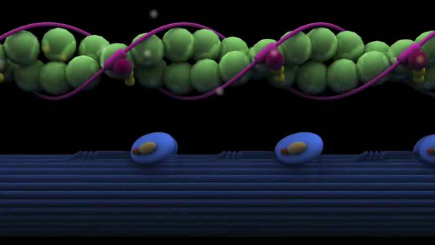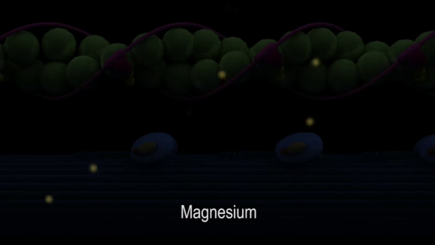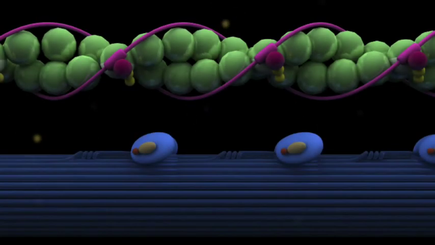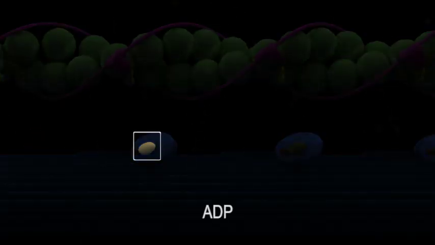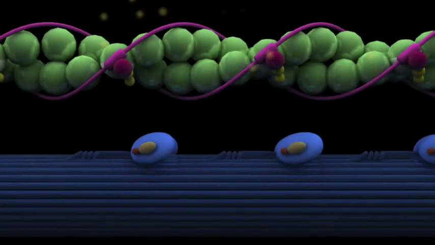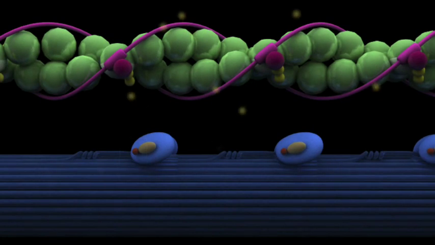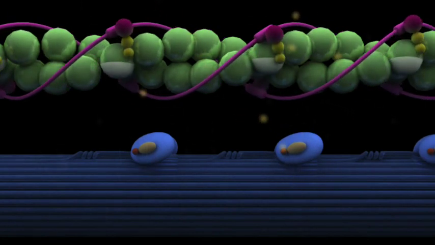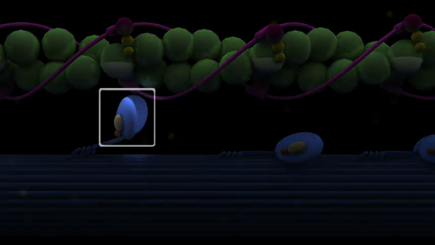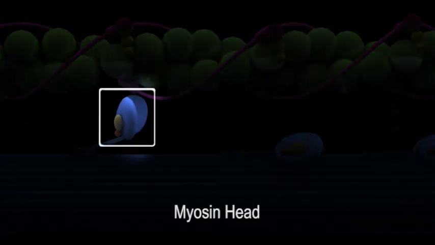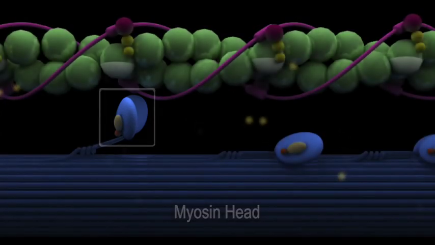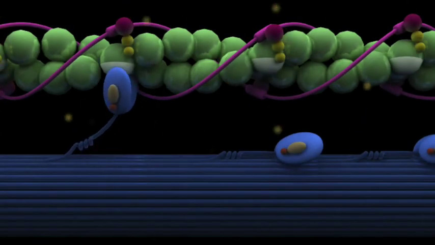In the presence of magnesium, ATPase is activated, hydrolyzing ATP on the myosin head, forming ADP and a free phosphorus. Swiveling of the myosin head positions it to be bound to the myosin binding site on actin, forming a cross bridge.